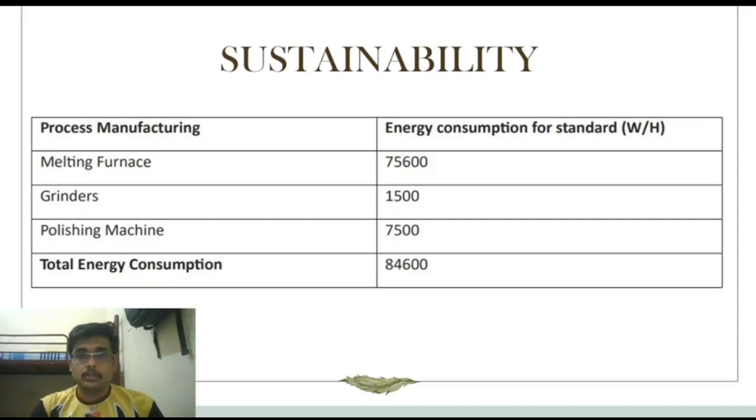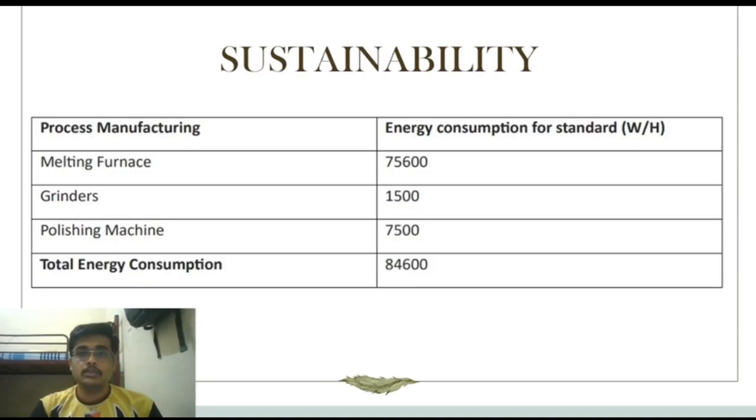So as you can see, the sustainability is continued with the calculation of energy consumption, which is consumed by the machines of the sand casting process. For the sand casting process, we hope to use three major machines, which are the melting furnace, grinders, and polishing machines.